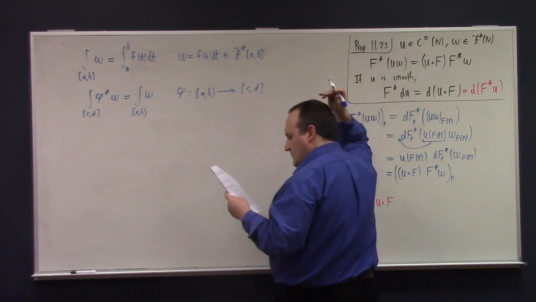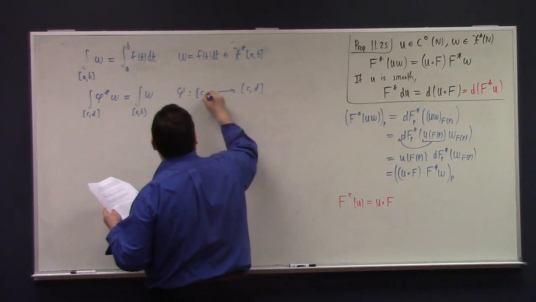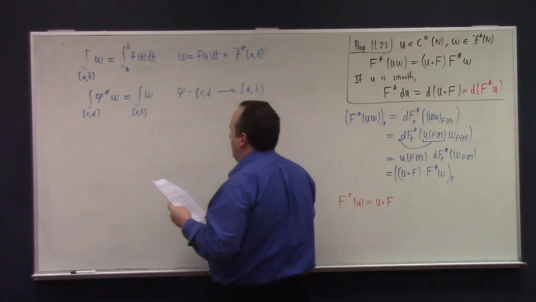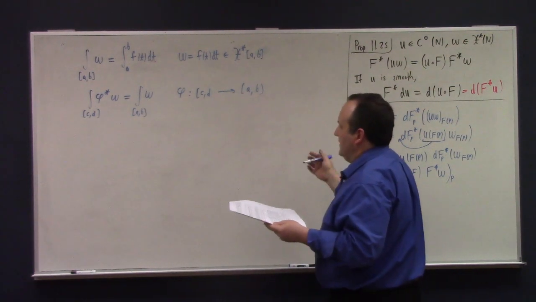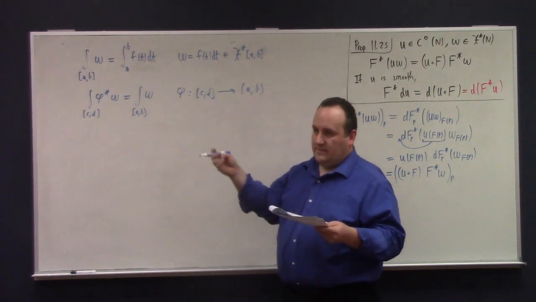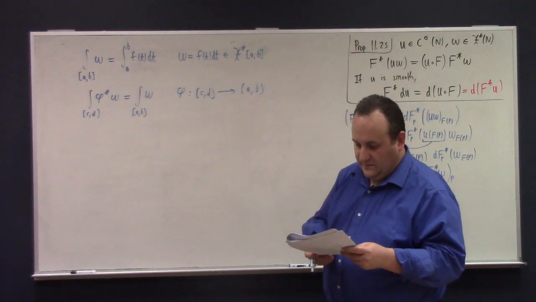Maybe the other way around. Yeah, the other way around. Pull back, yeah. So that's one thing. If you have a strictly increasing map like that, then this is equal. If you had a strictly decreasing map, it gives you a minus.